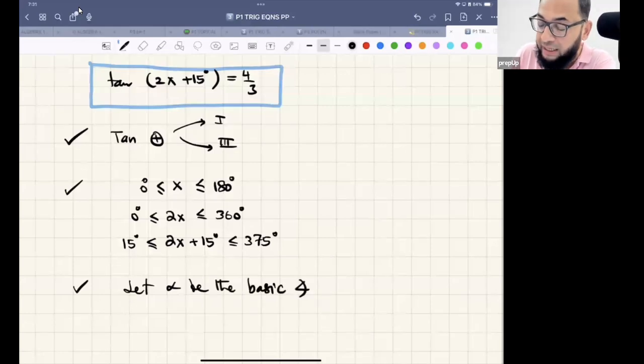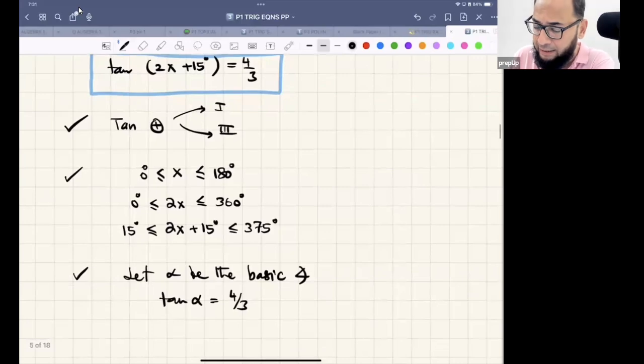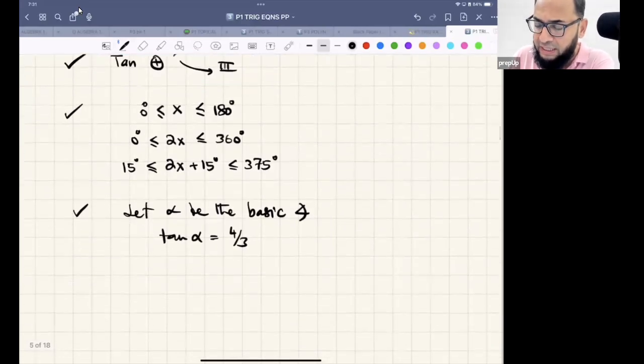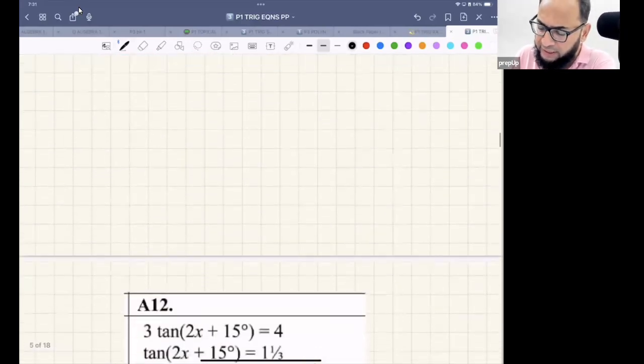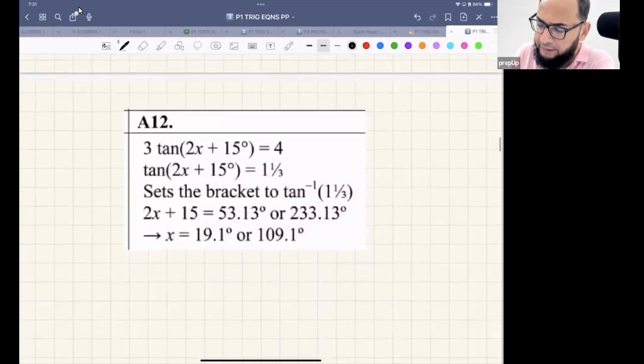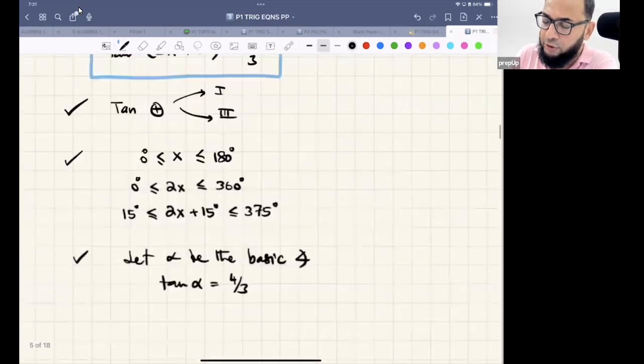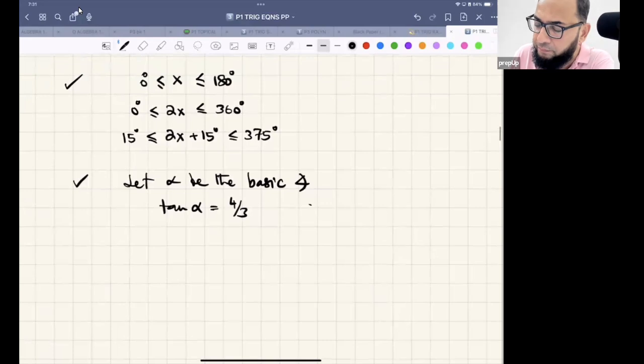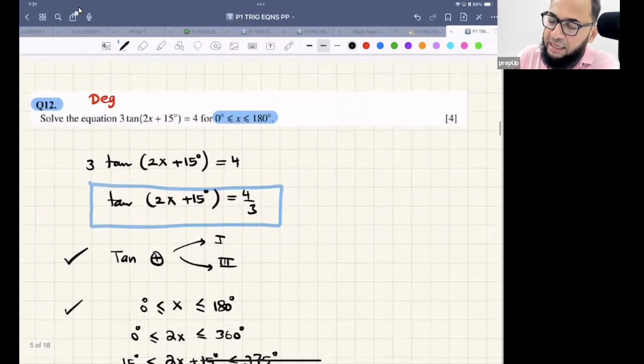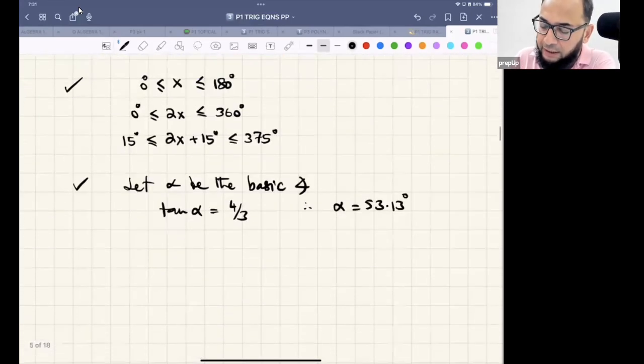That is the acute angle with the x-axis. Tangent alpha is 4 over 3. If I'm not mistaken, this comes out to be 53.13 degrees. Yeah, there it is. So this basic angle comes out to be 53.13 degrees.